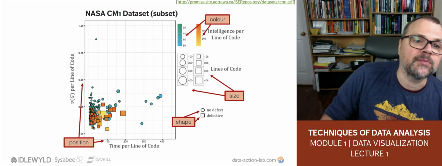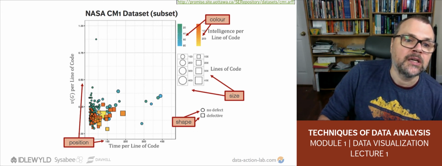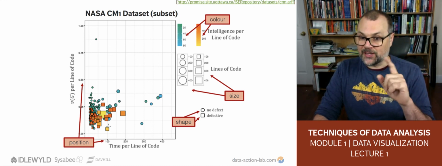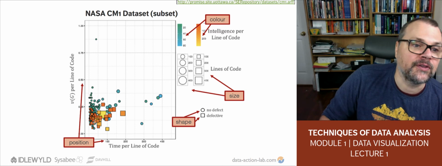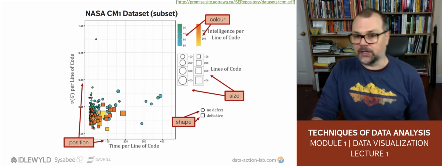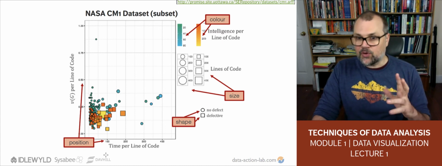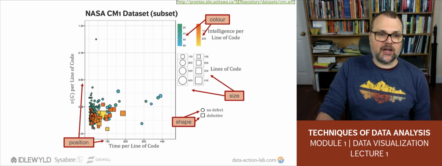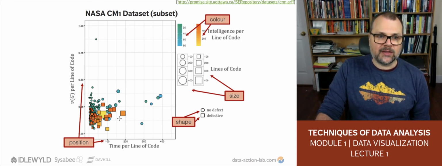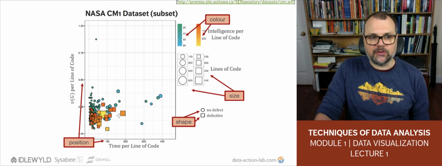You can sort of see them because I made them not completely solid. They're somewhat transparent, and you can see some circles underneath. So there's a fair number of points here. This looks to be, roughly speaking, somewhat equal distribution of defective and non-defective. Although it seems that if you go up this way, there are more non-defective, and if you go to the right this way, it seems to be a preponderance of defective components.